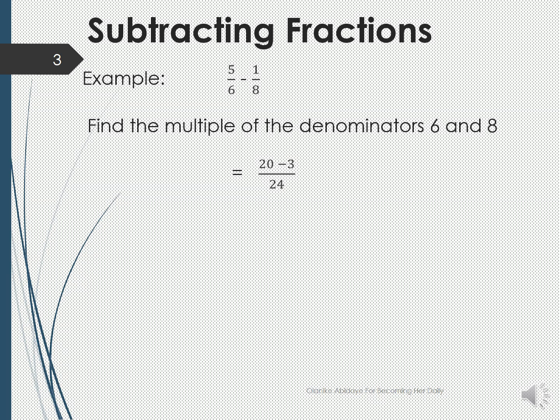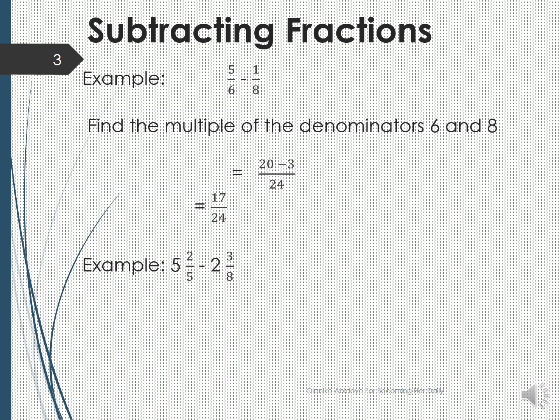We have 4. 4 times 5 gives us 20. How many 8 in 24? We have 3. 3 times 1, 3. So we have 20 minus 3 over 24, and that gives us 17 over 24. Looking at this answer also, we can't do anything further because for 17 and 24, there's no number that can divide the two of them. So we just leave it as our answer.